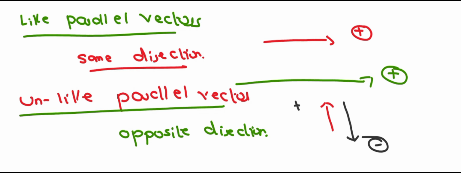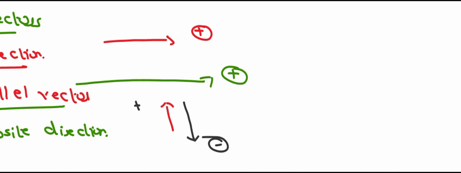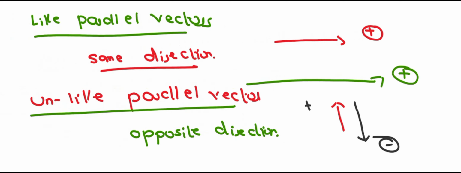There's a question that appears in the exam: all equal vectors are like parallel vectors, but are all like parallel vectors equal vectors? The answer is no. Yes, all equal vectors are like parallel vectors, but all like parallel vectors are not equal vectors, because in like parallel vectors the direction is the same, not the magnitude, but in equal vectors the direction as well as the magnitude is the same.